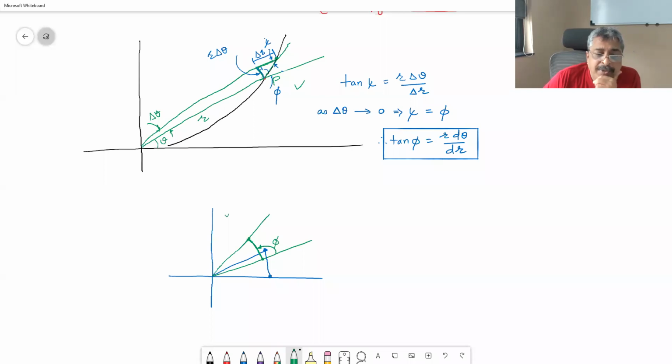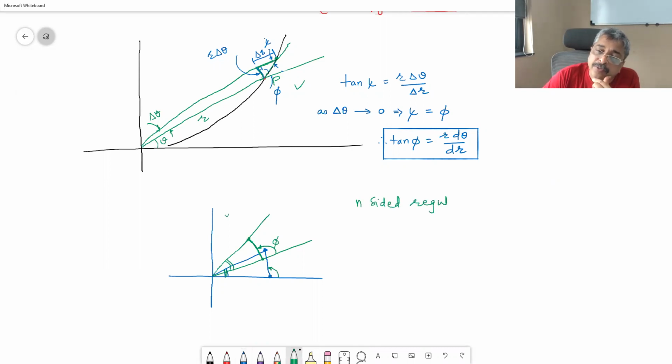Here also it is going to be phi because it is always going to be the same, because this is an isosceles triangle and every time this vertex angle is going to be equal. If it is blue also it is equal vertex angle, and if it is green also it is equal.